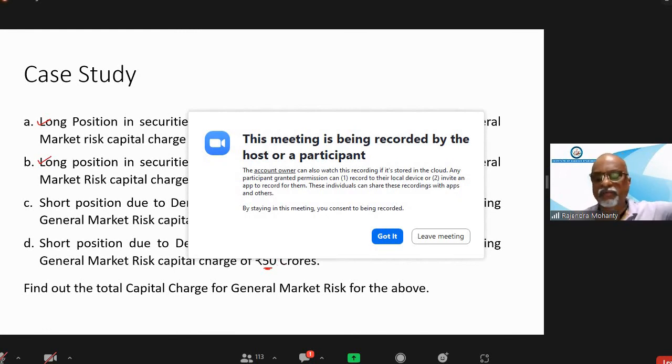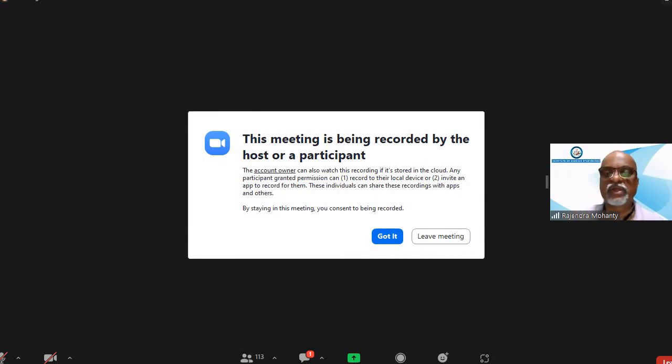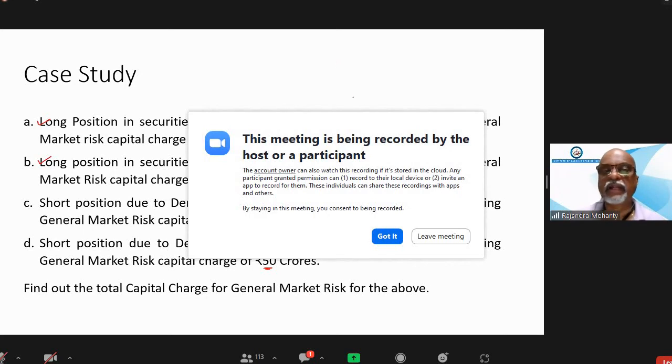So forget about the modified duration and market value. Those are not required, because we have already arrived at those things. Now we have to see only vertical and horizontal disallowance. So first, I told you to find out whether any positions are under the same maturity or remaining time band. Do you find anything?